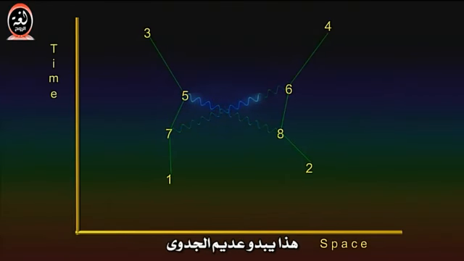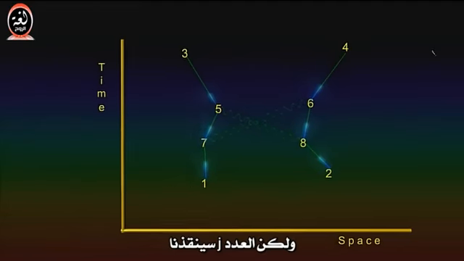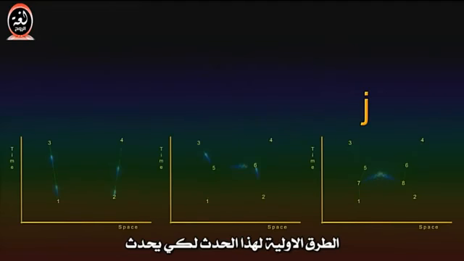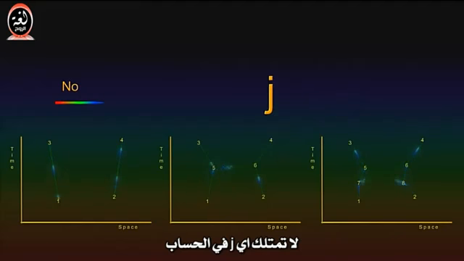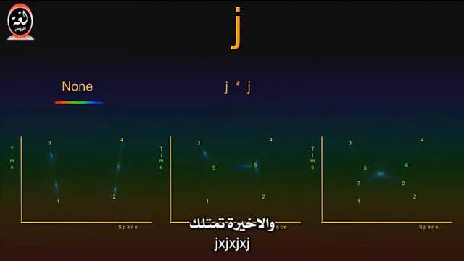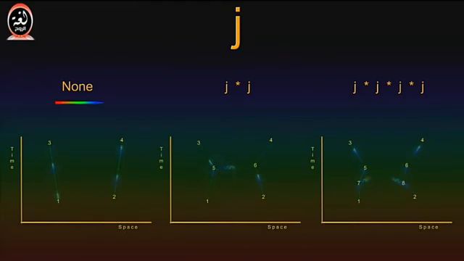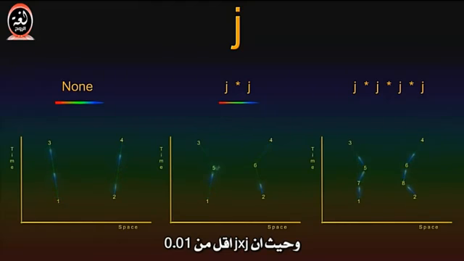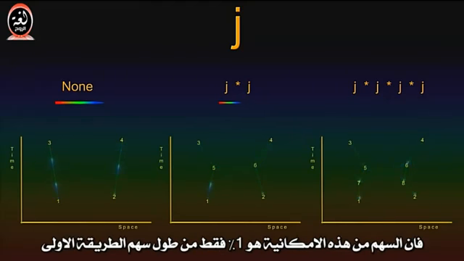This looks hopeless, but the number J will come to our rescue. The first ways this event could happen have no J's in the calculation. The next way had J times J. And the last would have J times J times J times J. Since J times J is less than 0.01, the arrow from this possibility is only 1% as long as the arrow for the first way.